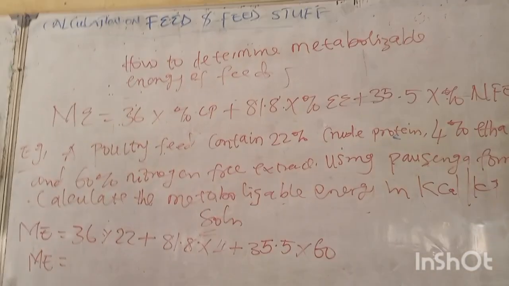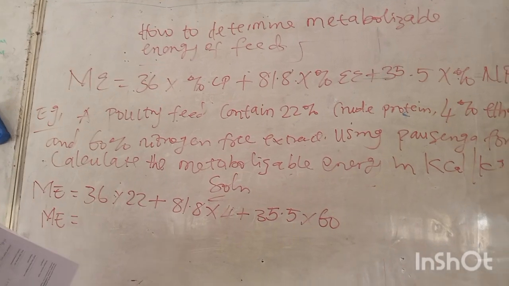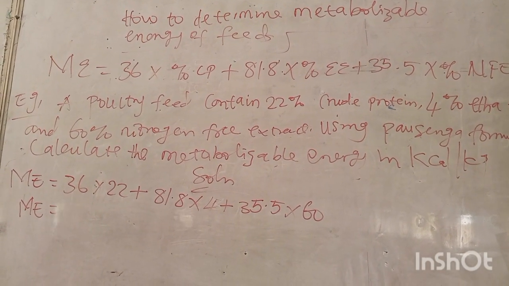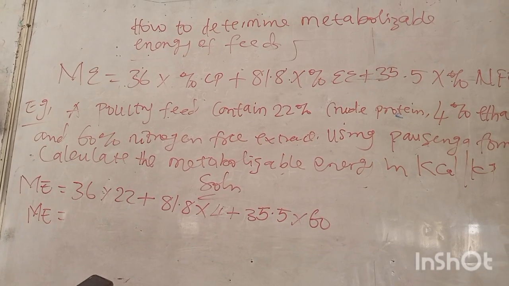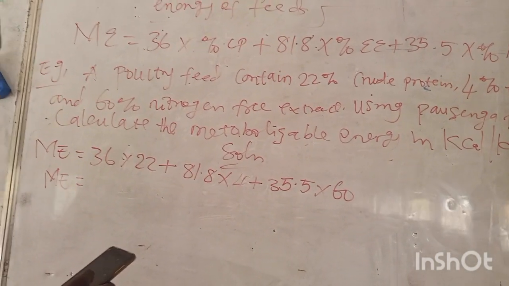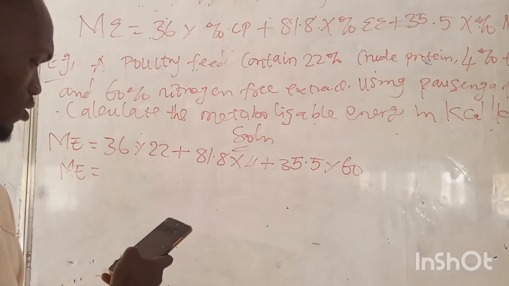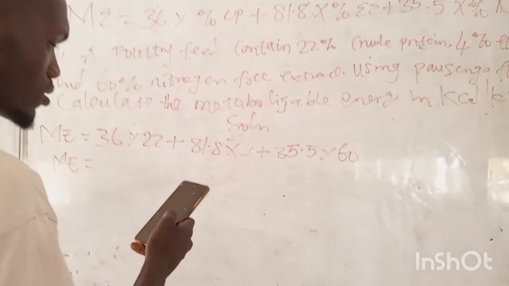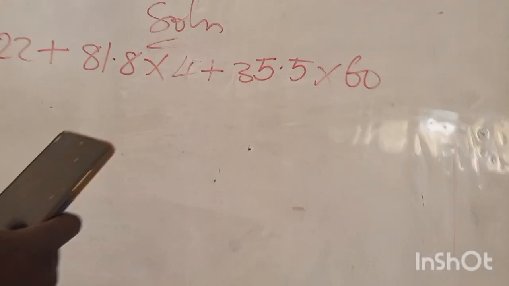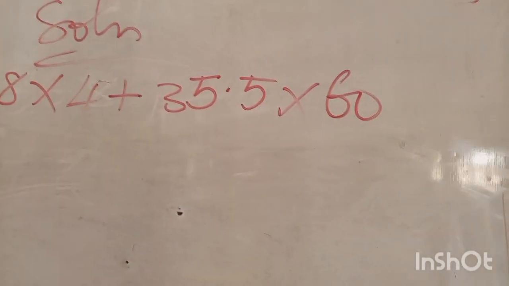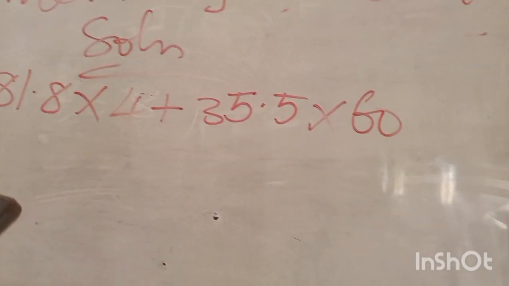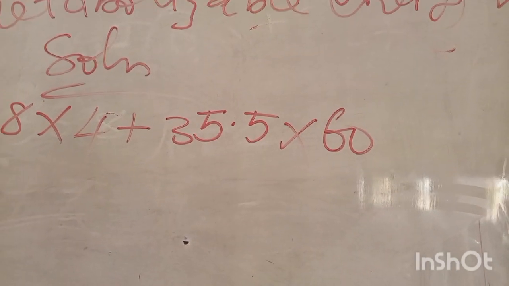While I do my own here also, let me use my phone: 36 times 22 plus 81.8 times 4 plus 35.5 times 60.